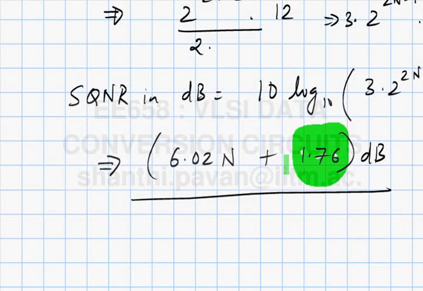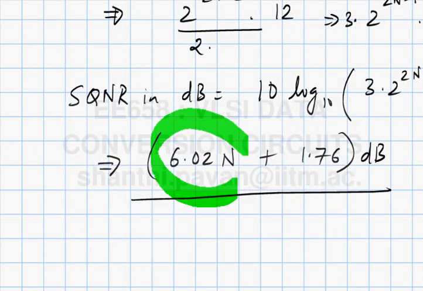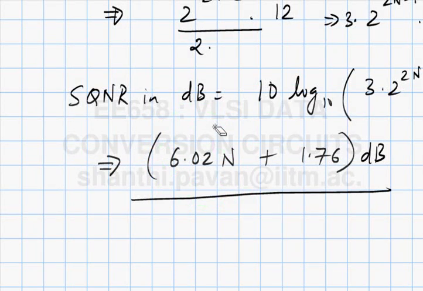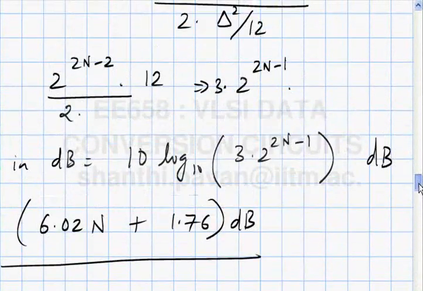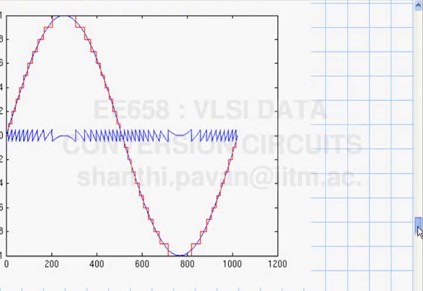But the key thing to note is this: regardless of the waveform that you put in, if I increase the resolution of the A to D converter by 1 bit, the signal to quantization noise ratio goes up by 6 dB. And when somebody says A is just 1 bit better than B, 1 bit in analog is 2x, twice as good. That's the signal to noise ratio discussion.